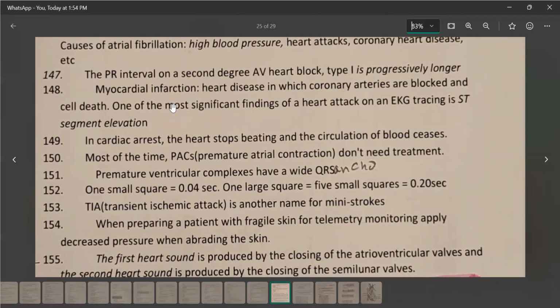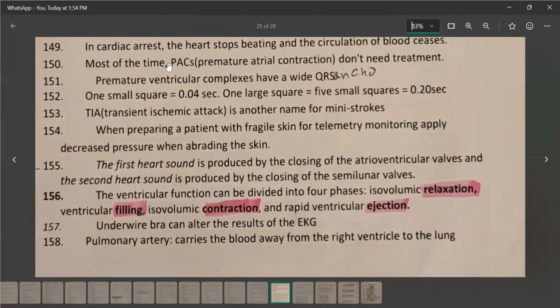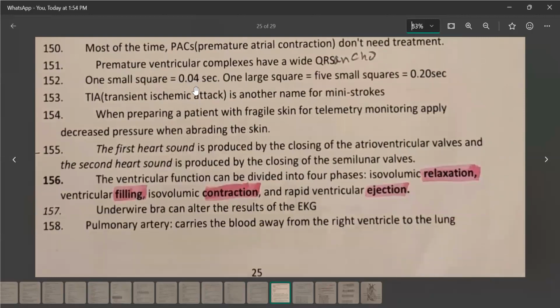Most of the time, PACs, premature atrial contractions, don't need treatment. 151, premature ventricular complexes have a wide QRS. 152, one small square equals 0.04 seconds. One large square equals 5 small squares, 0.20 seconds.